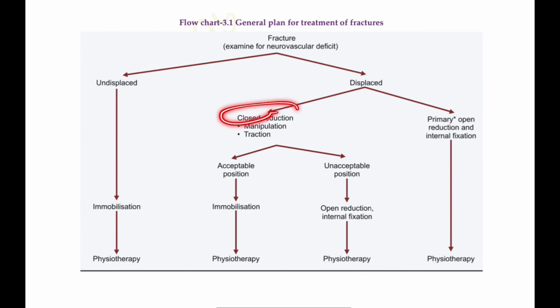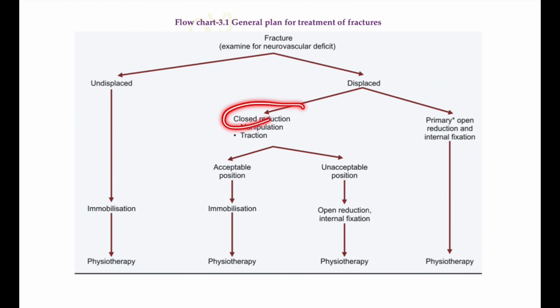We have to do close reduction or primary open reduction and internal fixation. In close reduction, manipulation and traction we will do. Then acceptable position we will gain and then immobilize. Then physiotherapy, same. Then unacceptable position. If unacceptable position is there that patient can't bear, then open reduction, internal fixation, and then physiotherapy. Okay. Then primary open reduction and internal fixation. If it is displaced, okay, and it is not bearable, then we'll go for primary open reduction and internal fixation, and then physiotherapy.